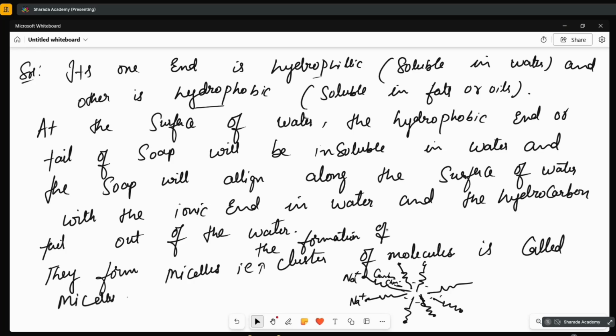So there are two things here: one, they can attract the dirt or oil content, and the second is that it can be removed easily. The reason is that both hydrophilic and hydrophobic characteristics are present in the same molecule. The molecule contains either potassium or sodium salt of a long chain carboxylic acid.